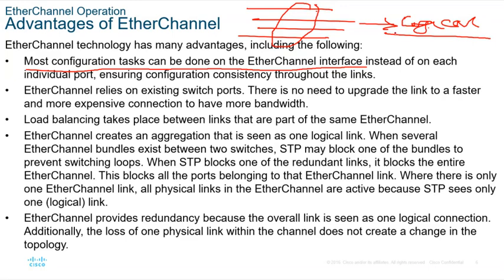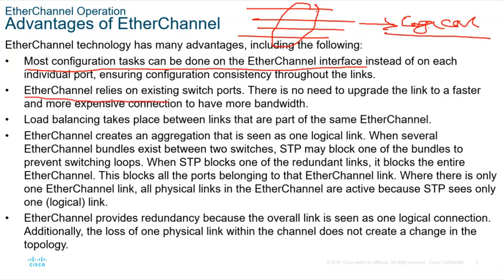This improves the efficiency and the consistency of the configurations, giving uniform configuration on all the interfaces. Not that you have this on one Fast Ethernet port and forgot it on the other, or maybe used a different parameter on that one.